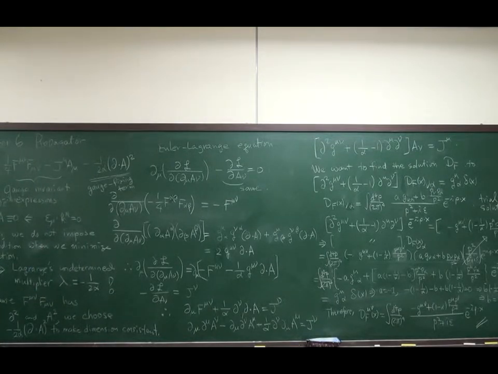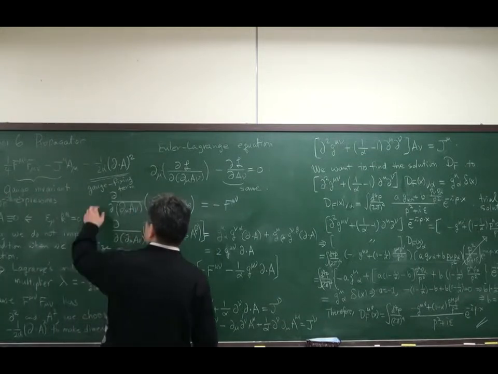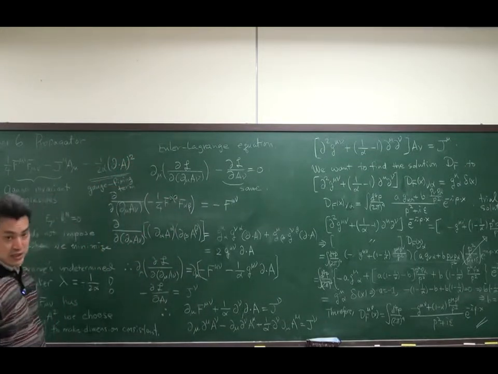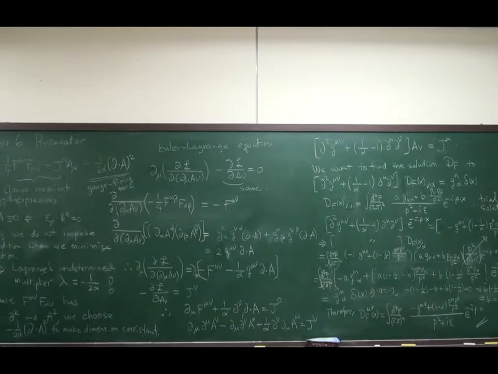So why don't we make use of this relation and find the propagator? We call this additional piece, which actually vanishes, but for the time being, until we obtain the Euler-Lagrange equation, we do not say it is vanishing. But after deriving the equation, we can impose that divergence A vanishes.